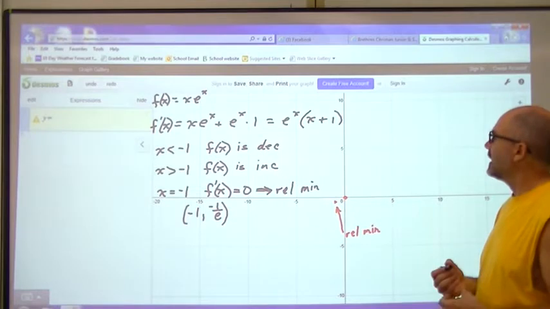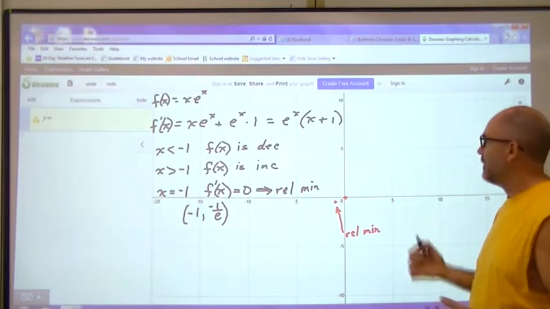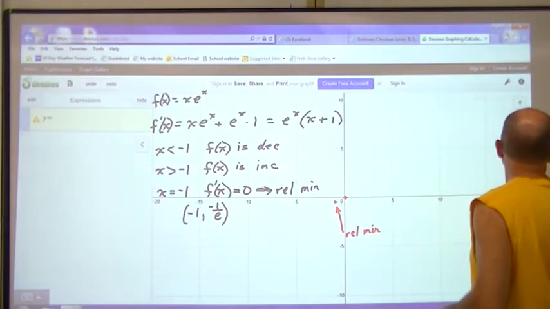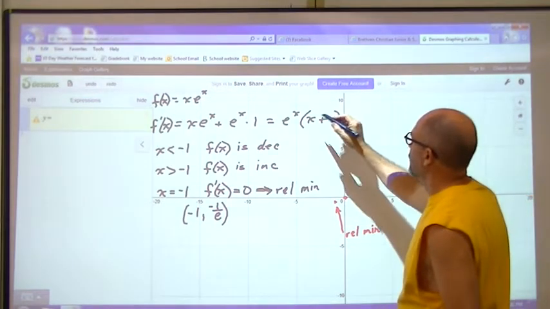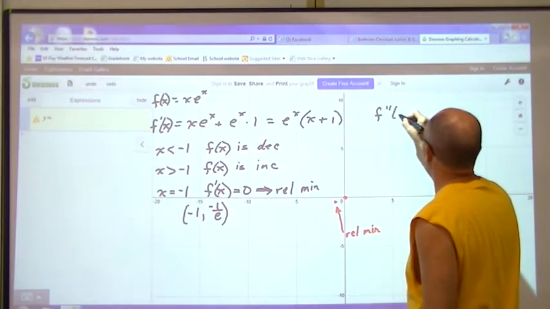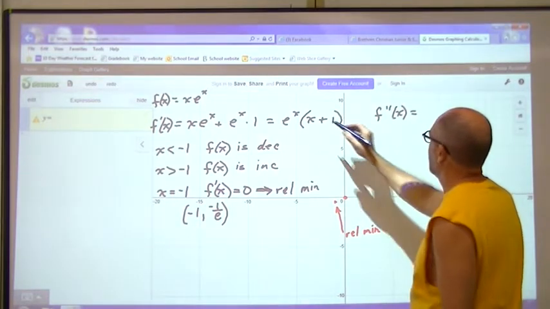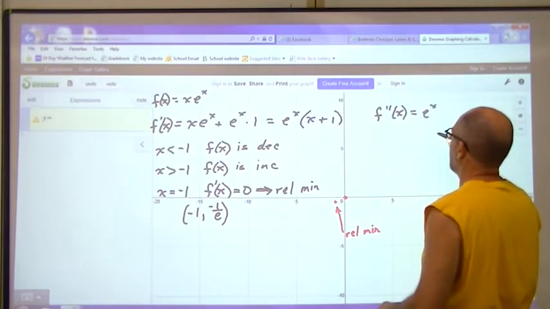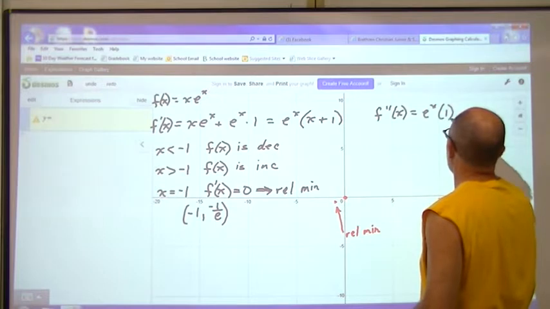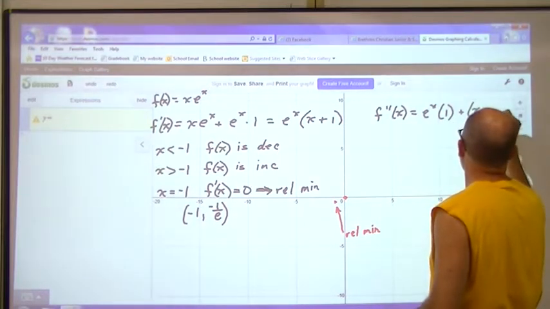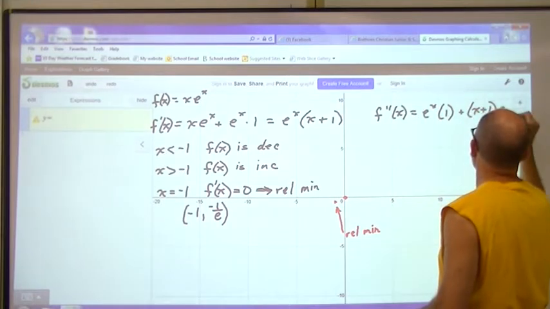And now let's check concavity, and then we'll be ready to go with the graph. So concavity, we have to take the derivative of the derivative. So f double prime of x equals the derivative here. So it's first times derivative of the second plus second times derivative of the first.